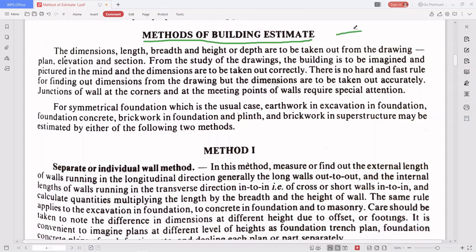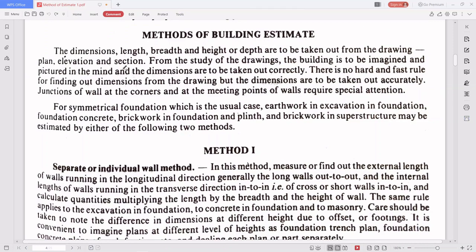Here we have two methods. One method is the long wall, short wall method, and another one is the center line method. How they are calculated by these two different methods, we will see in the upcoming videos.